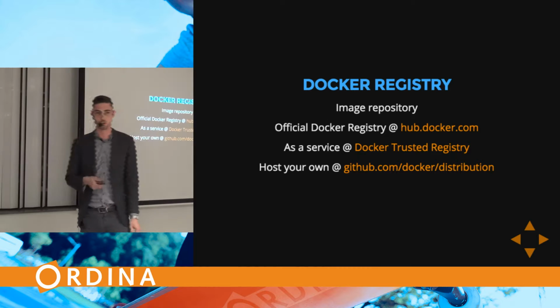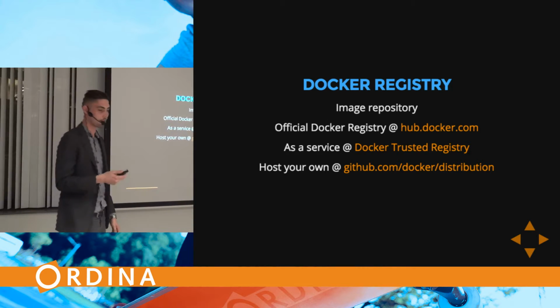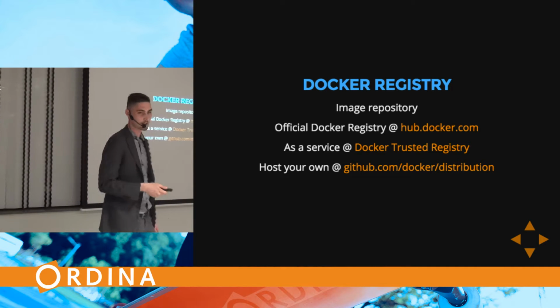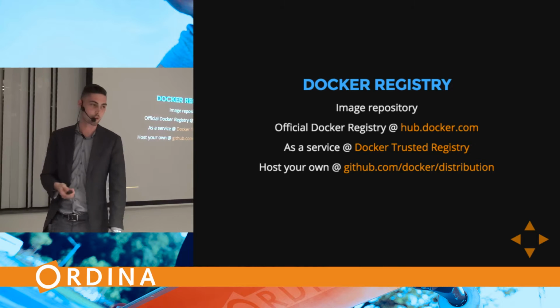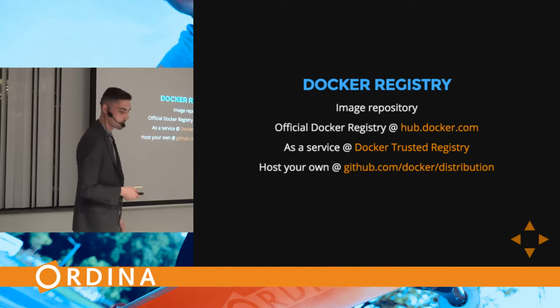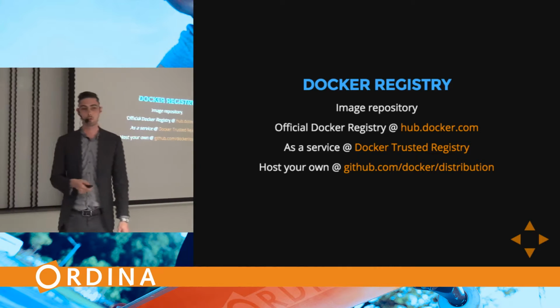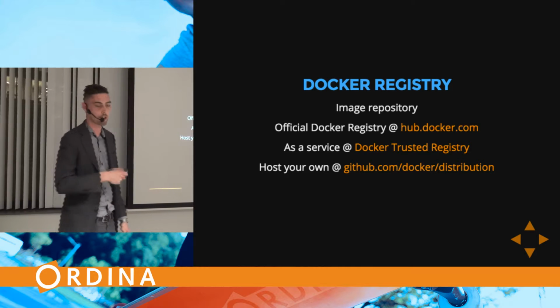I want you guys to host it, so they also offer it as a service. Or if you're an enterprise and you want to host one on-premise for your own, then you can go to a GitHub repository and start hosting your own by downloading it and then running it by yourself in a container, of course.